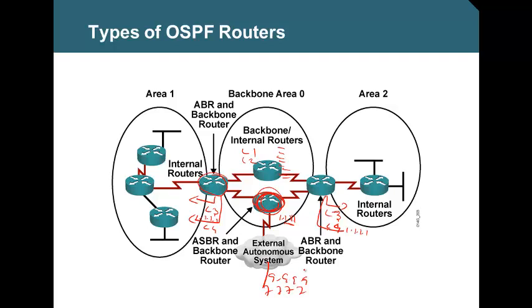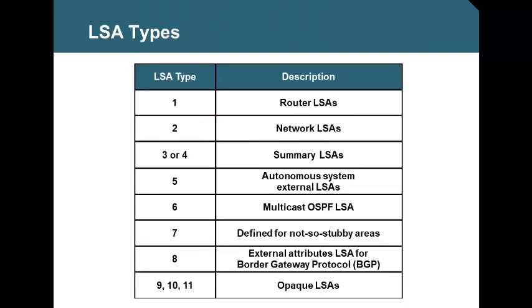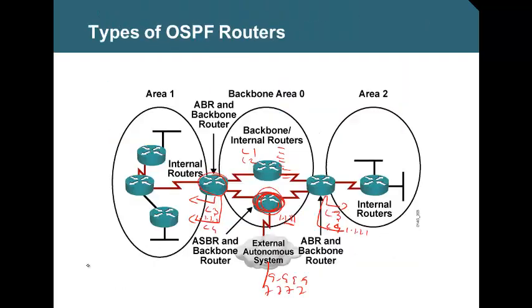Now, what does this carry and from where does this originate? Please understand, this originates from here itself. LSA type 5 originates from the router where you do redistribution itself. What do they carry? They carry these networks.